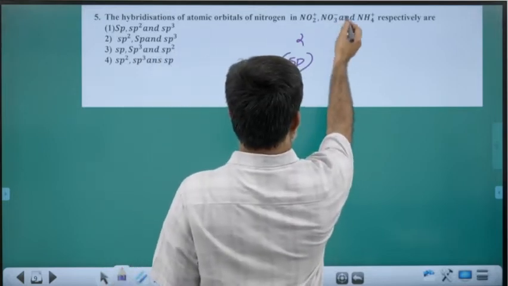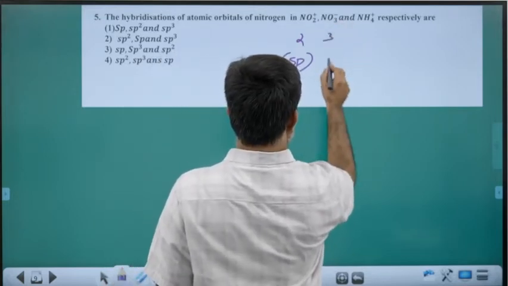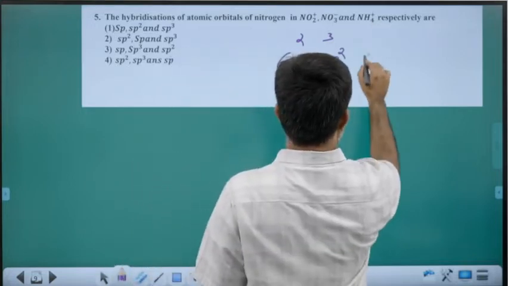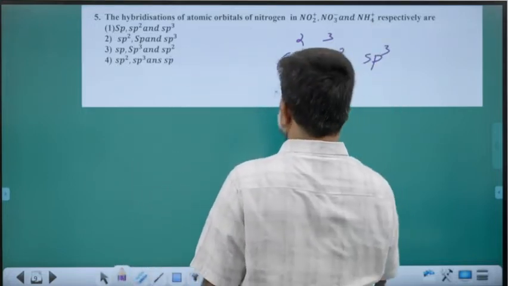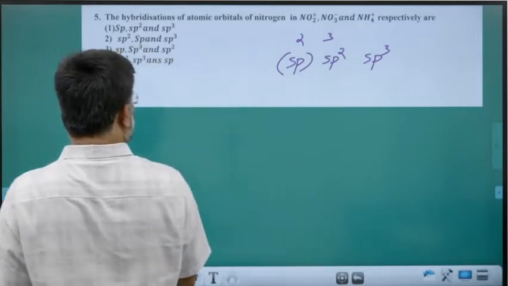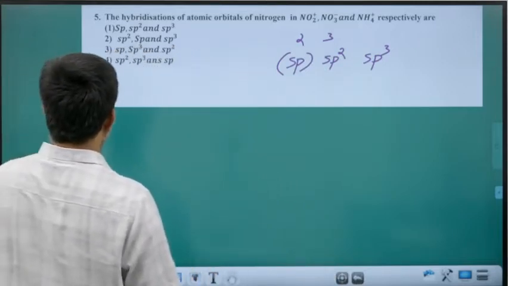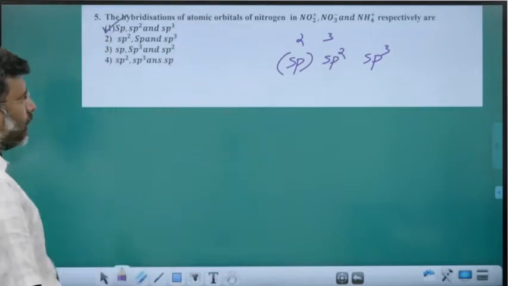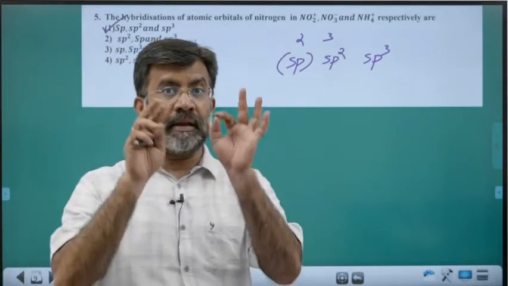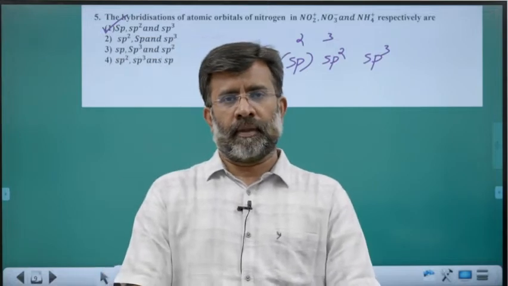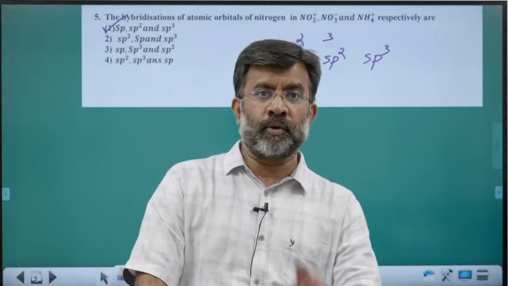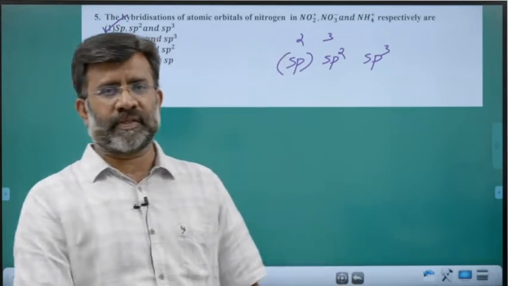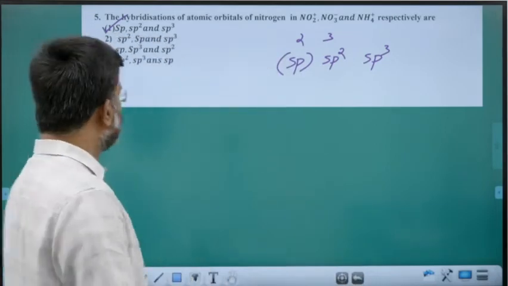NO3 minus: 3 electron pairs, that is sp2 hybridization, and this is the very famous sp3 hybridization. So it is sp, sp2, sp3, first choice. NO2 plus is sp linear, NO2 minus is sp2 bend shape, and NH4 plus is sp3 tetrahedral.